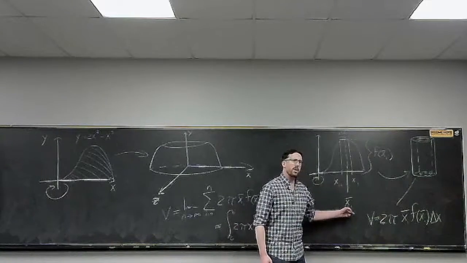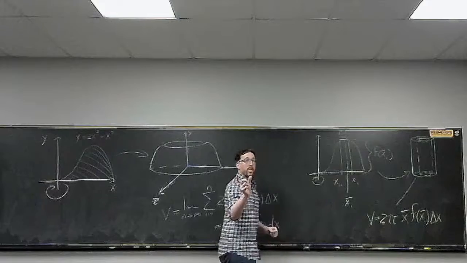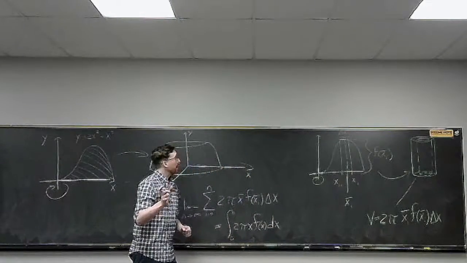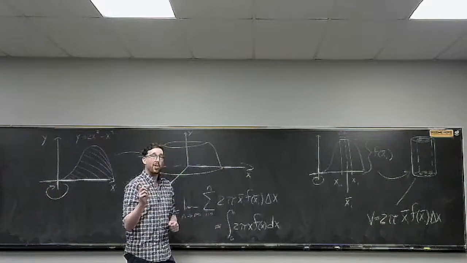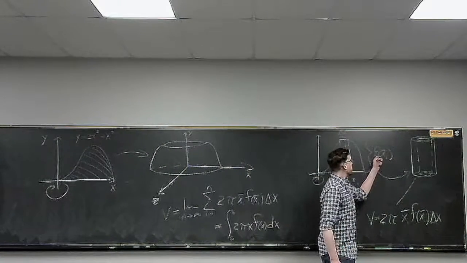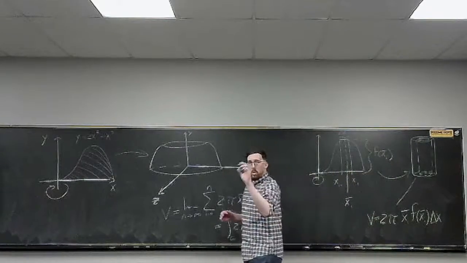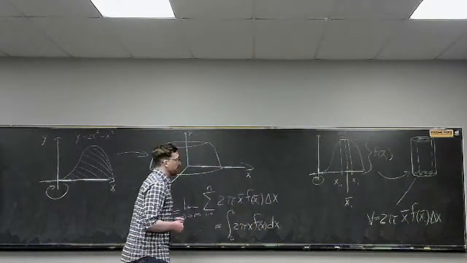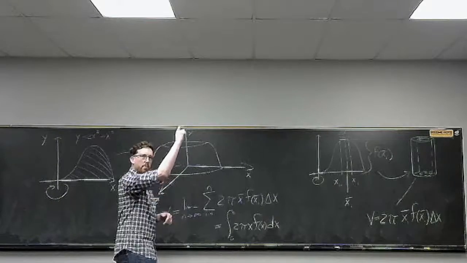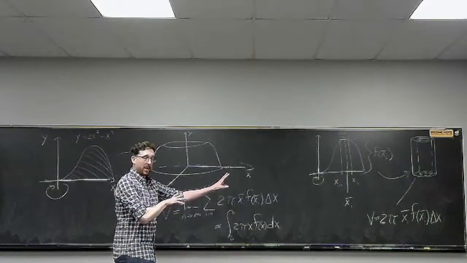They're centered on some x_i value. They have some width, delta x. And we're going to say the height of these rectangles is equal to our function evaluated at that x_i bar value. So that's the center point, right? That's a midpoint rule. Basically using that sort of an idea to set this up.